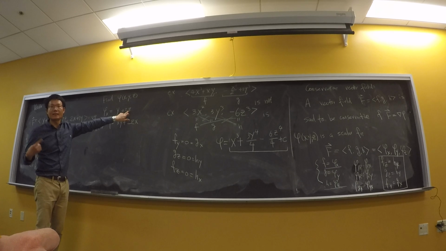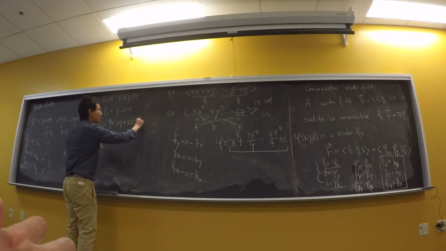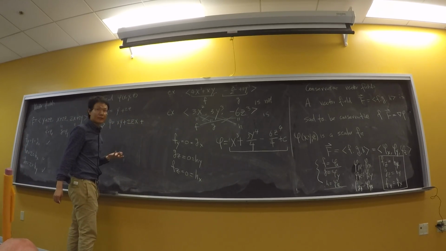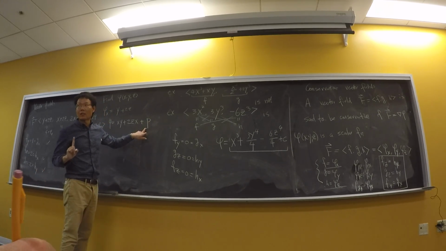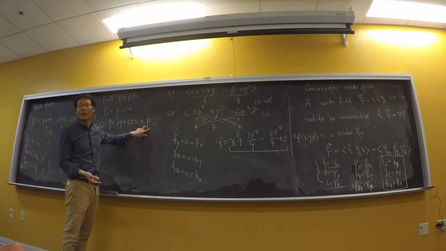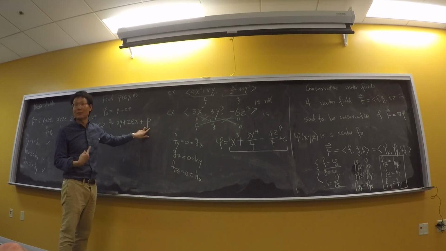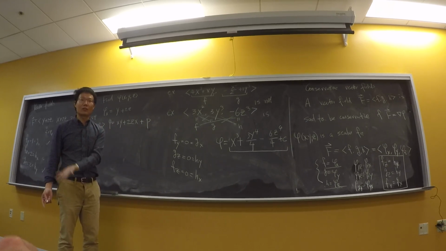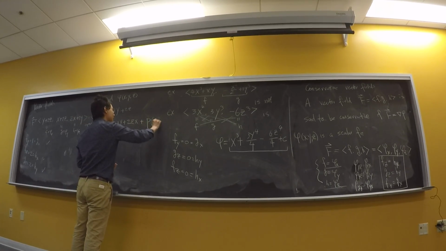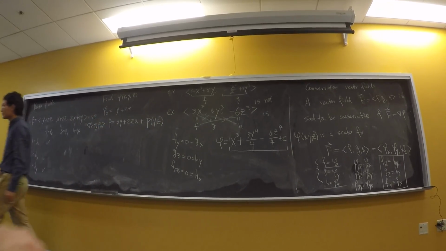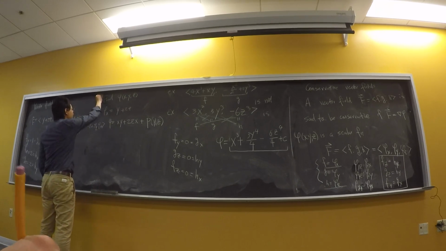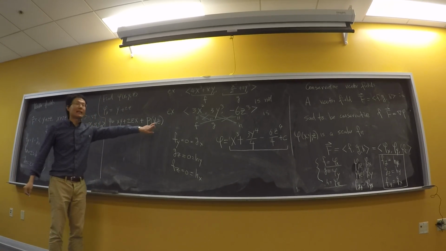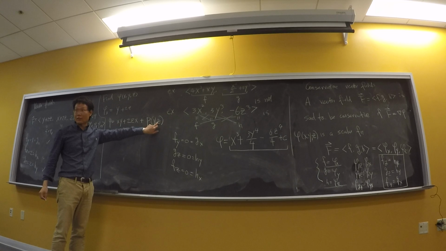Because they are constant, there's supposed to be a constant coming out, so I call this constant p. Because y and z are both considered as constant, this is not a real constant. This is a constant depending on y and z, but not on x, because x is the variable. This is the function I need to figure out in the second step.